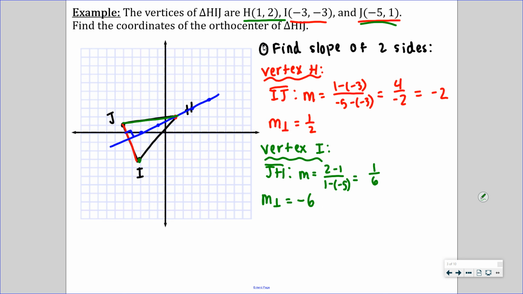So let's take point I. Let's start here at point I, and let's graph a slope of -6. Are you down? 1, 2, 3, 4, 5, 6 over 1. Or I can go up 1, 2, 3, 4, 5, 6, left 1. Take your straight edge. This is obviously a pretty steep negative line. Do my best here. Whew. And it should look perpendicular to the other side.